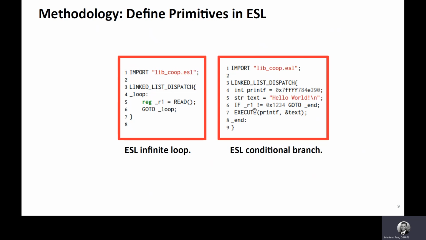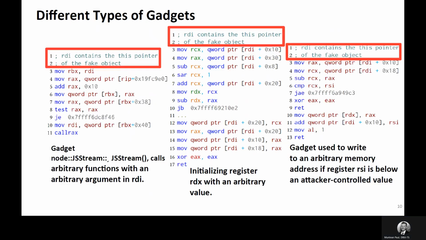On line 6, we have this: if the register is equal to this value, then we go to the end, else we execute this printf. So these are just two examples, but we have more of these primitives, and you can see that it's actually very easy to write such simple primitives. In total, we have more than 10 primitives, and this can be, of course, extended to other primitives if needed.